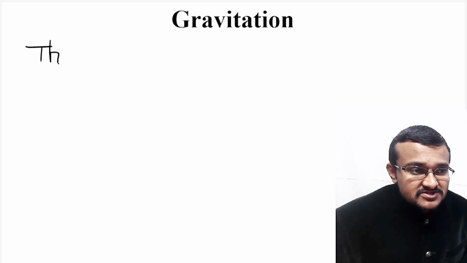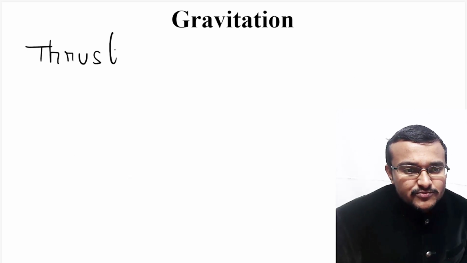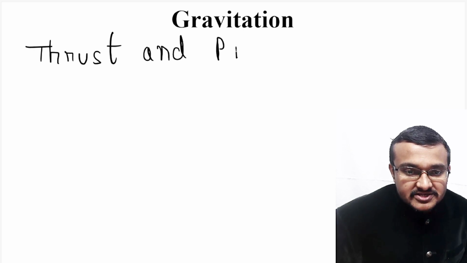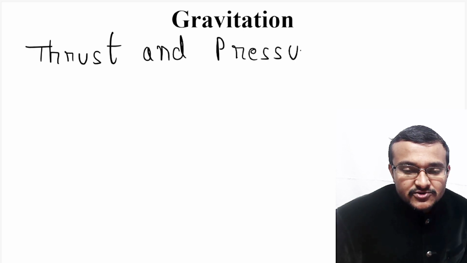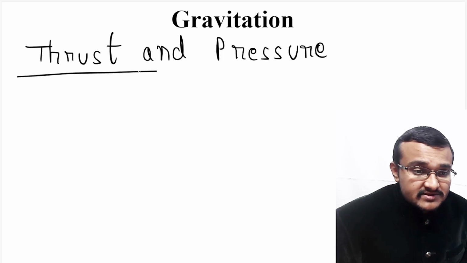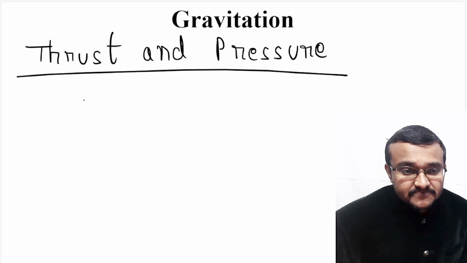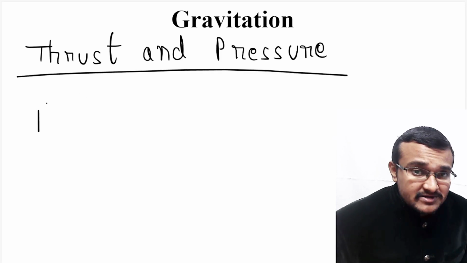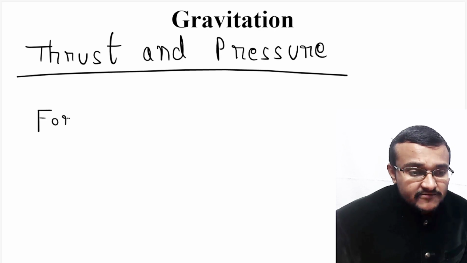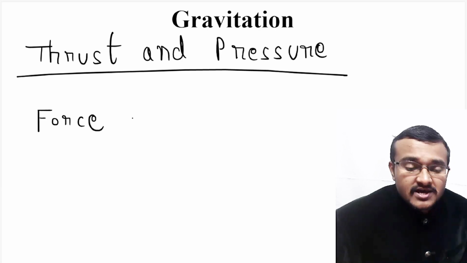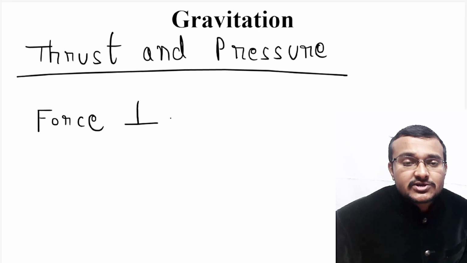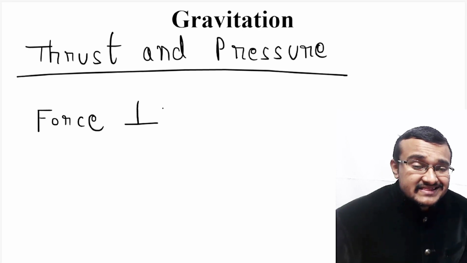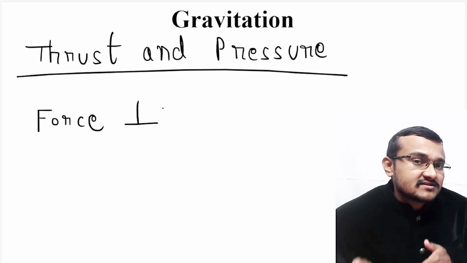Now let us try to understand what we mean by thrust and what we mean by pressure. Here you have one topic in this gravitation chapter, that is thrust and pressure. In our previous chapters, we have learnt about force. Any force which is acting perpendicular to a surface can be known as thrust.